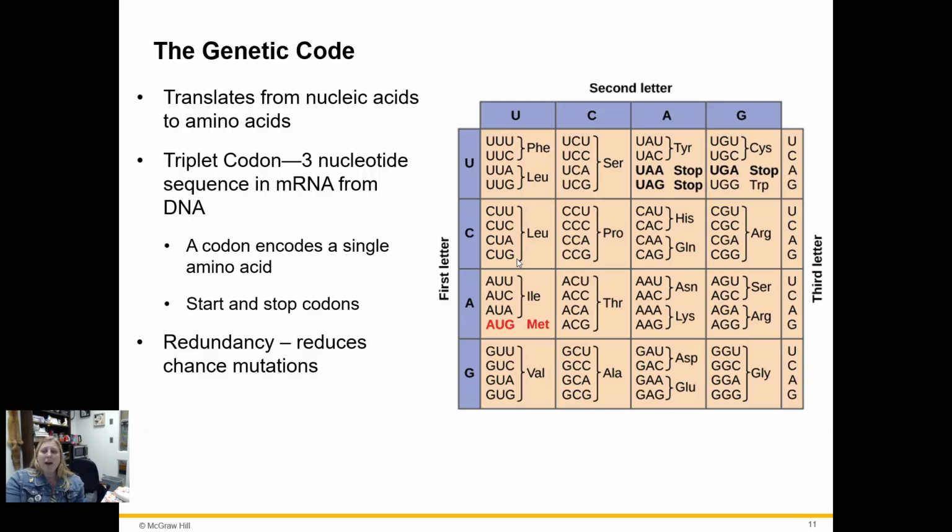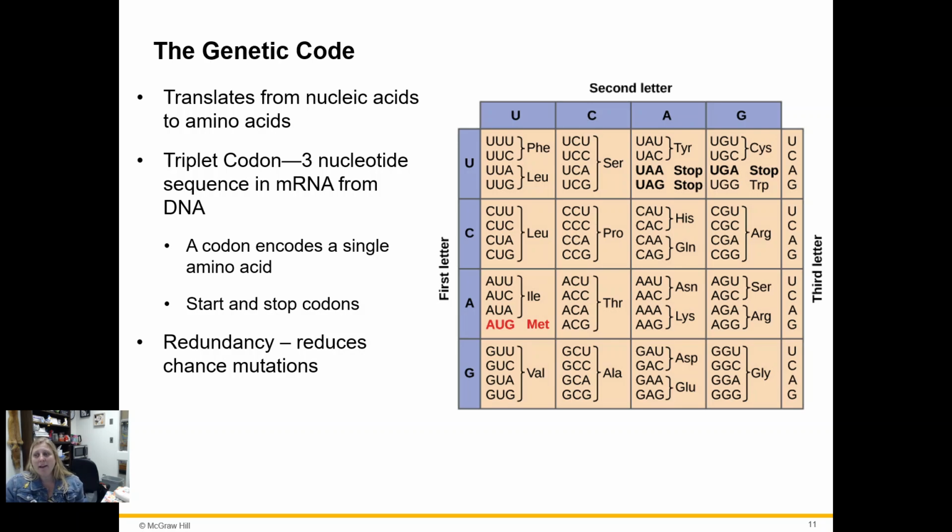So if I have a mutation that changes out the last letter of that triplet codon, it won't affect which amino acid I'm using, so it will not affect the protein in the long run. That's important. Redundancy reduces mutations. We like to call that the wobble effect because you could wobble that third letter and it still works.